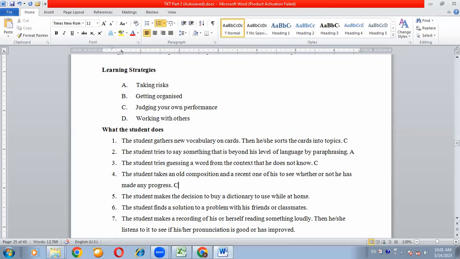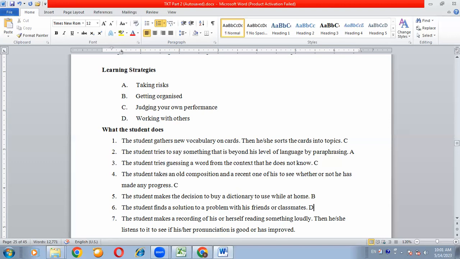Judging your own performance. The student makes the decision to buy a dictionary to use while at home. That means organized. The student finds a solution to a problem with his friends or classmates. So the answer should be B.